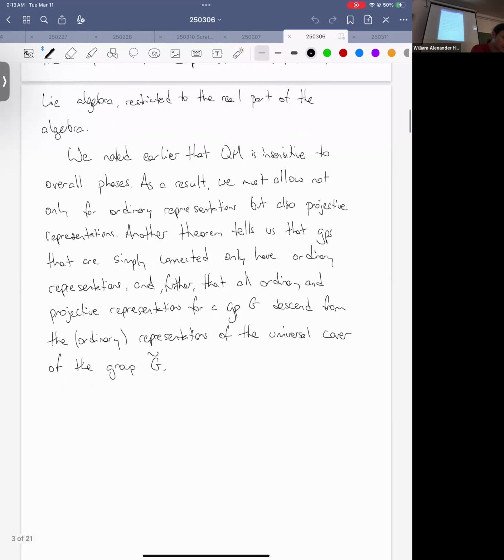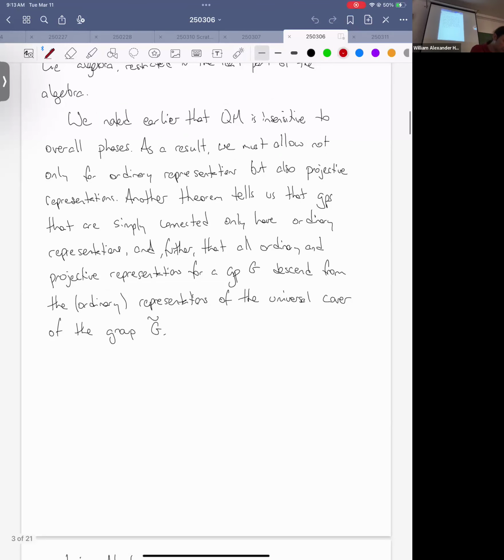So an ordinary representation is, well, a representation is always a map and a vector space. But the difference between an ordinary and projective representation boils down to what's happening with the map. In an ordinary representation, pi is a group homomorphism.